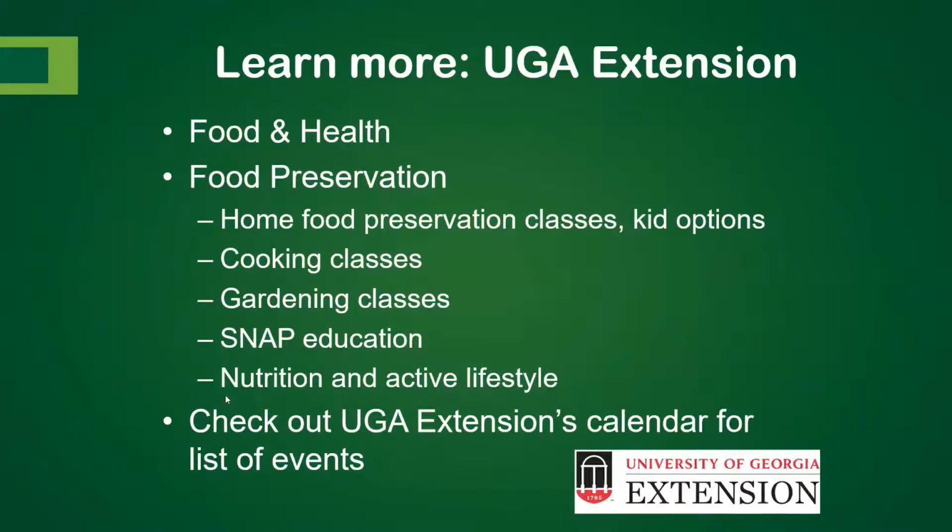And if you do all of that together, you can save some money and also prevent waste and all of those things. They also teach classes on nutrition, leading an active lifestyle, and SNAP education if that is something that you need. So you can find these all under the Food and Health tab, and you can also look at the UGA Extension's calendar. They are holding webinars regularly. Next.